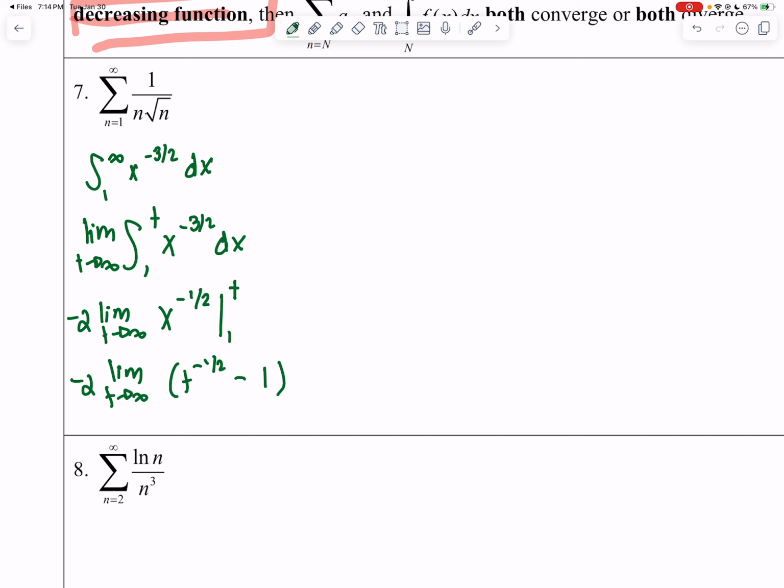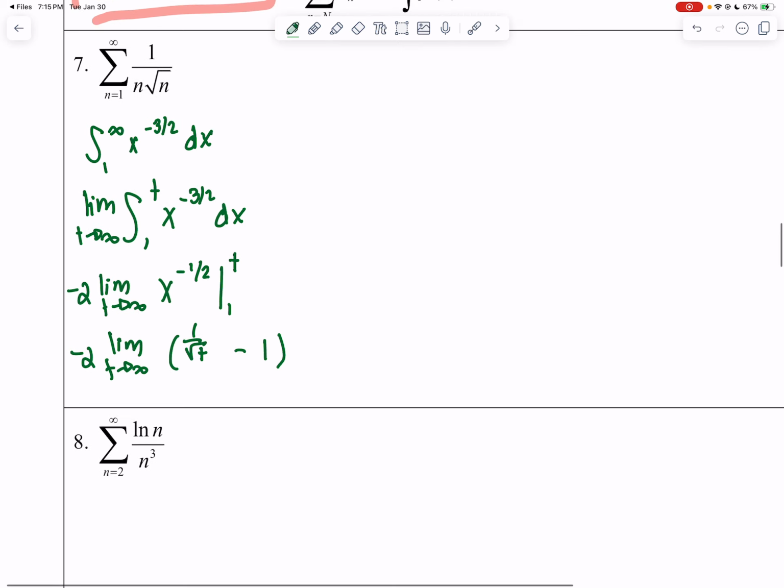Well, if I were to plug in infinity right here, and if I were to rewrite this, this is the same thing as saying 1 over the square root of t. And if I were to do that, 1 over some really big number is going to be 0. So this is going to be 0. So I'm left with negative 2, 0 minus 1, or 2.